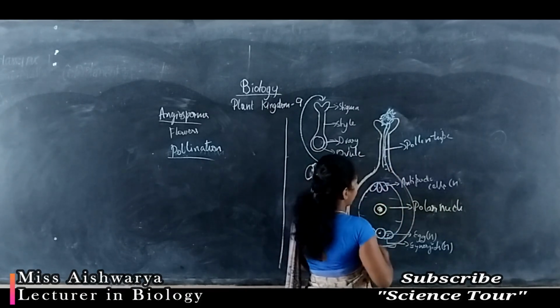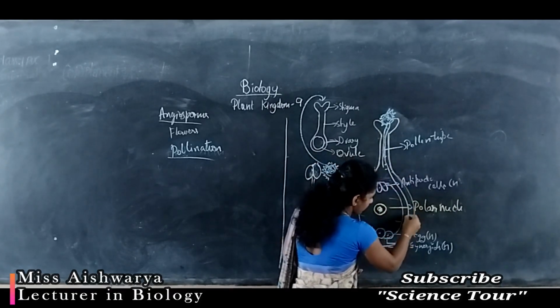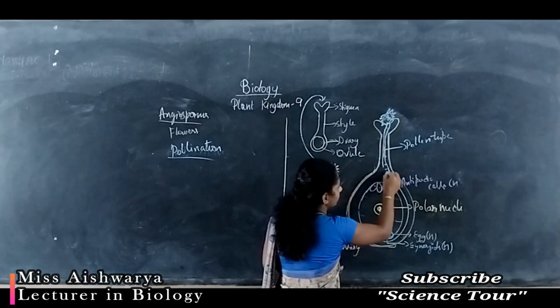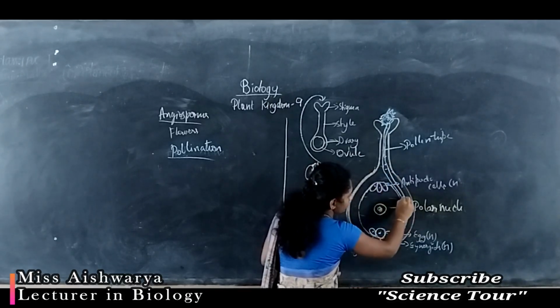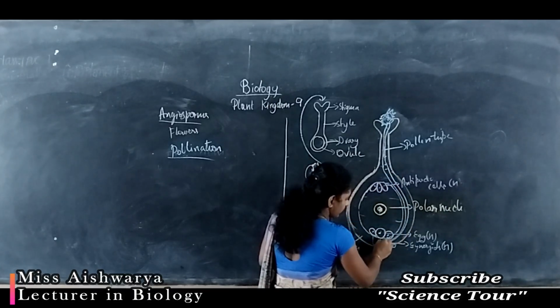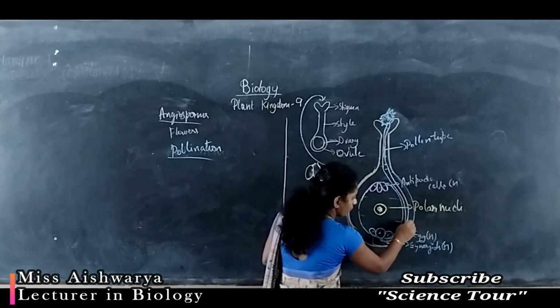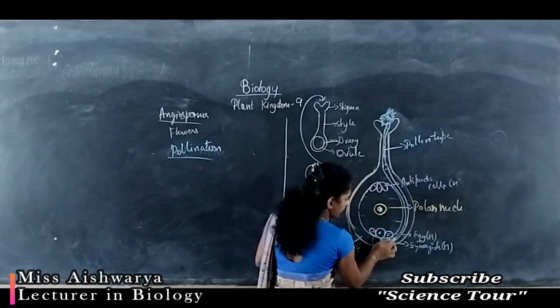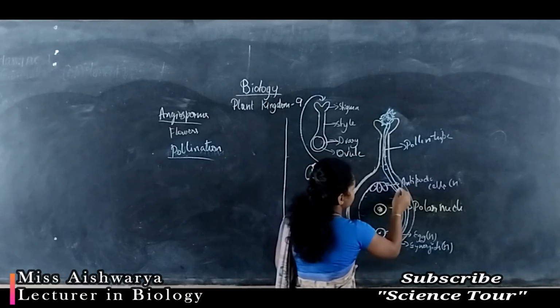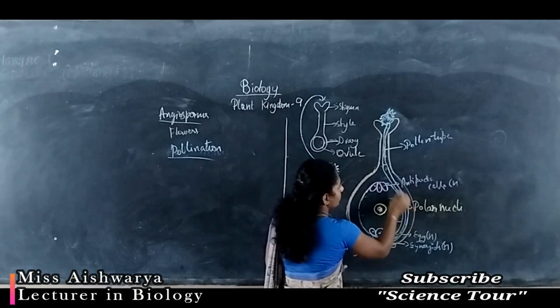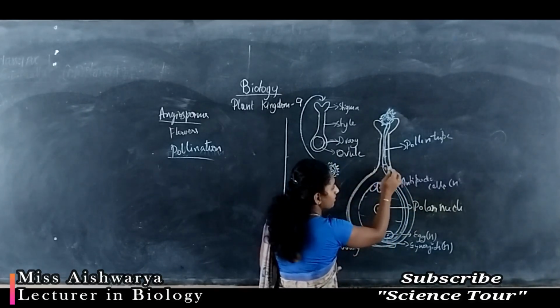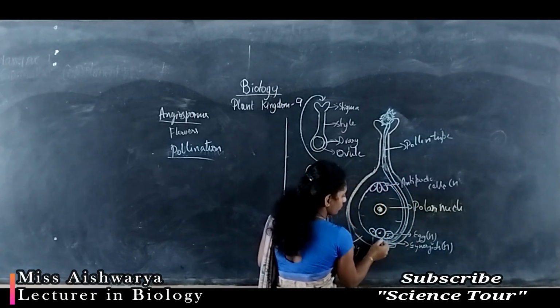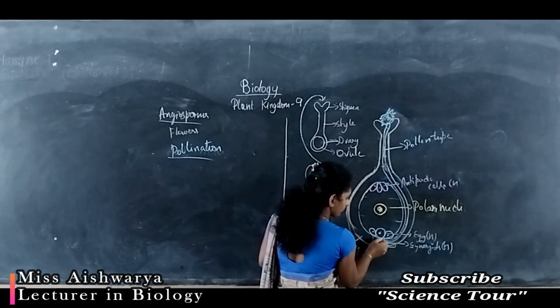Okay, it carries the male gametes into the cell. Like this, the pollen tube germinates till it reaches the ovule, till it reaches the egg cell. It comes up to here. Next later it will move to here.